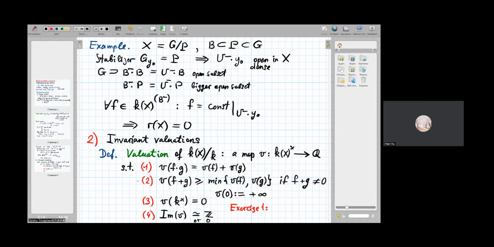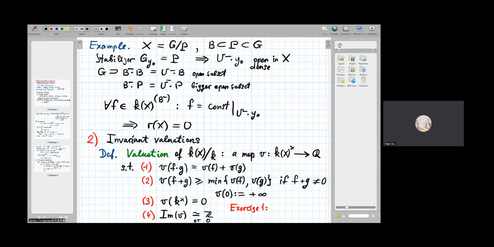This is about the second condition. You see that in the second condition, you can only say that you have an inequality. You cannot express the value at f plus g in terms of the values at f and at g. You can only write down an inequality here.